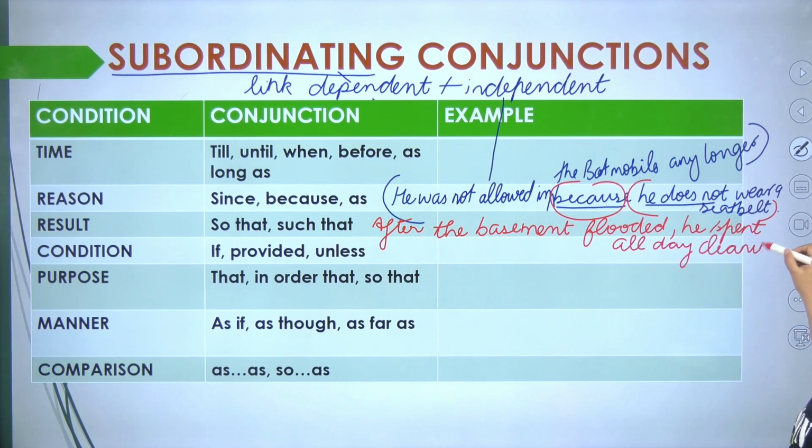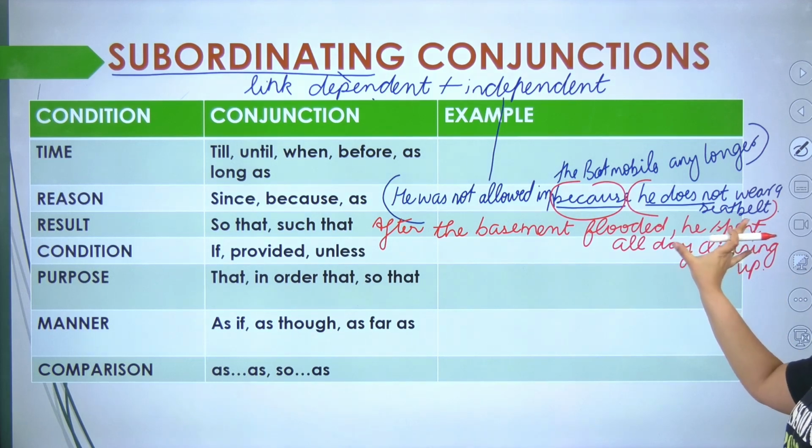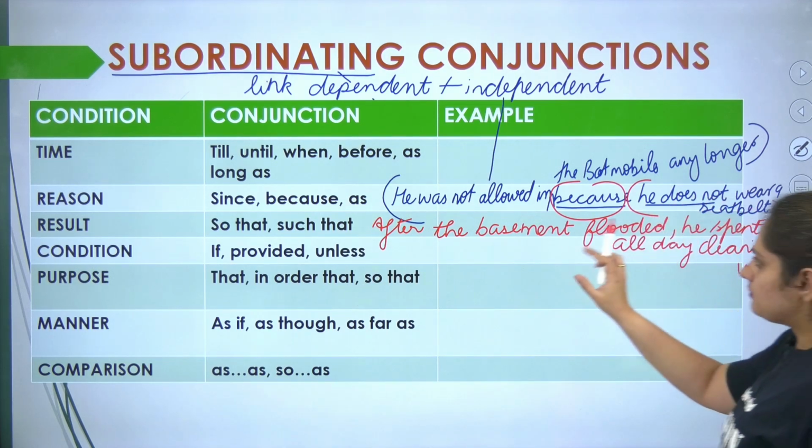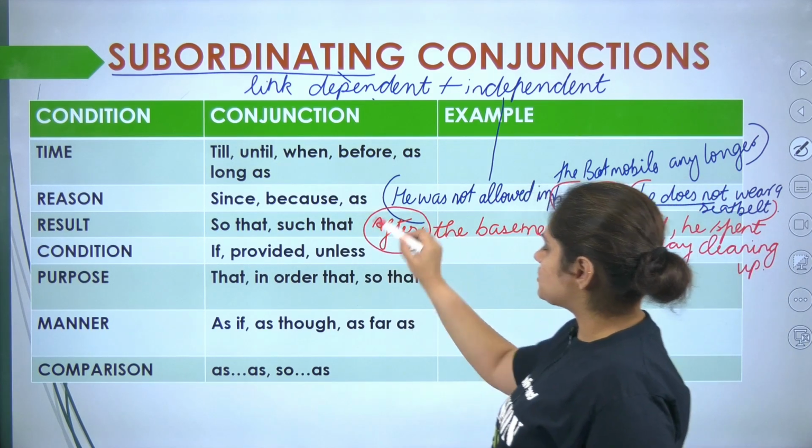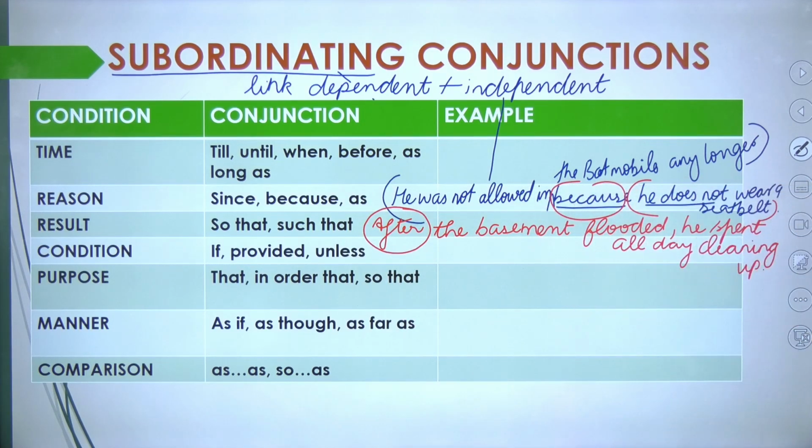Now you understand this part. Here, we spent all day cleaning up is your independent sentence, complete. But the basement flooded is dependent. So we are connecting this with after to show result, what happened. After this, what happened, right?